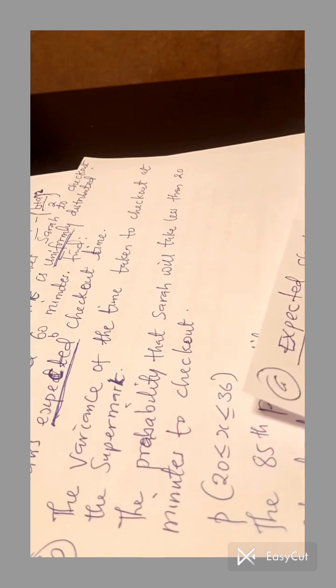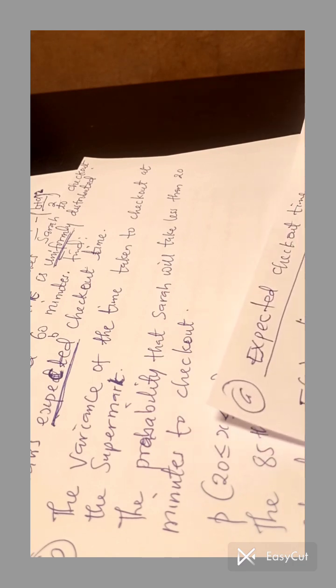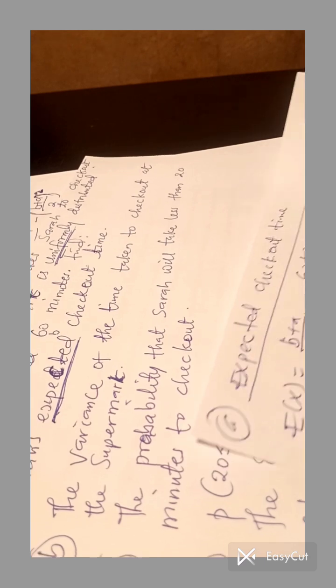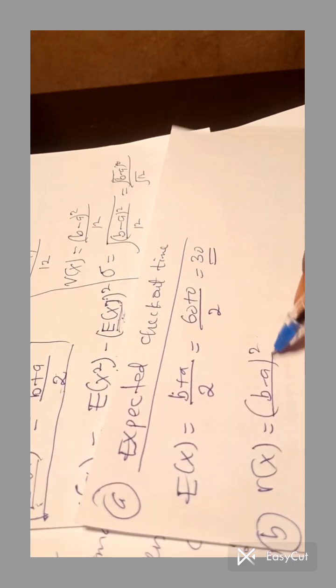And the second question asks for the variance of the time taken to check out at the supermarket. Remember, we found our variance to be this particular one. All we do is write: variance of x equals (B minus A) all squared all over 12.